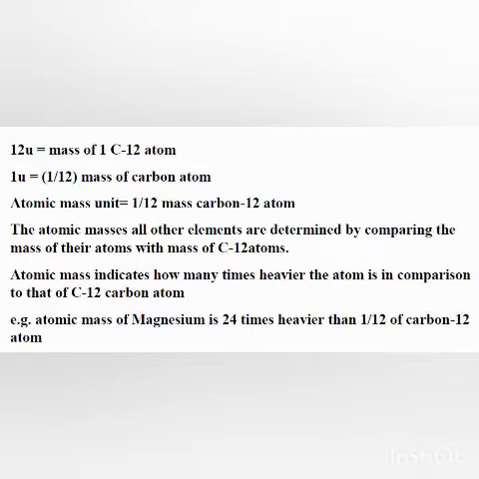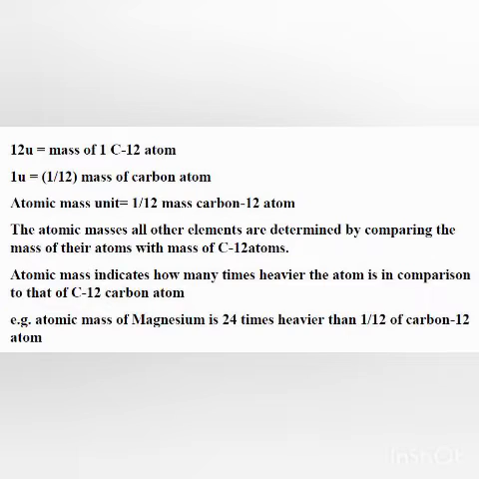The mass of the atom is compared with the standard mass of carbon-12 atoms. Here the mass of carbon-12 atom is taken as the standard mass, and the mass of other atoms is compared with the mass of C12 atoms.